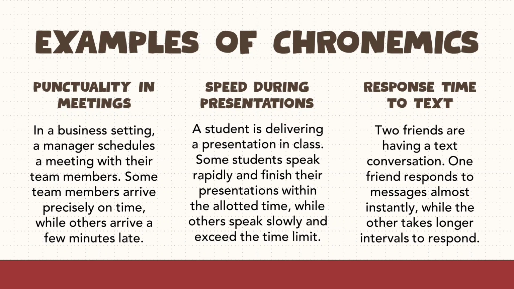Next, speed during presentations. A student is delivering a presentation in class. Some students speak rapidly and finish their presentations within the allotted time, while others speak slowly and exceed the time limit. The varying speech speeds reflect different approaches to time management and communication.